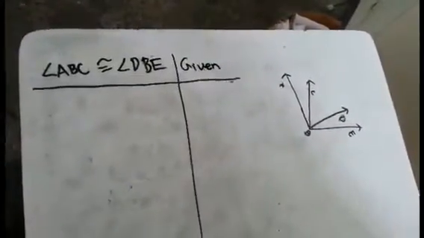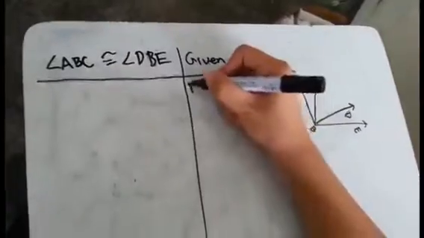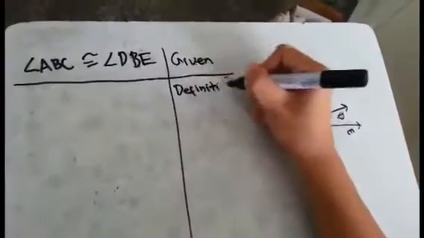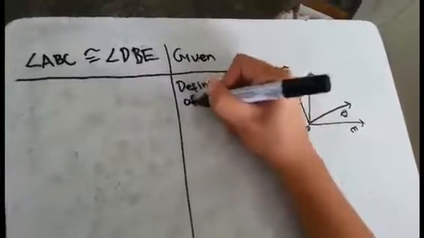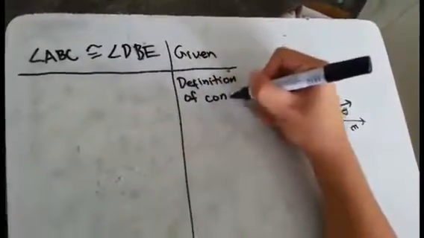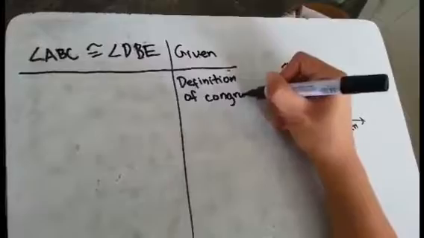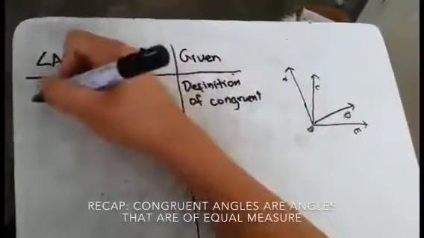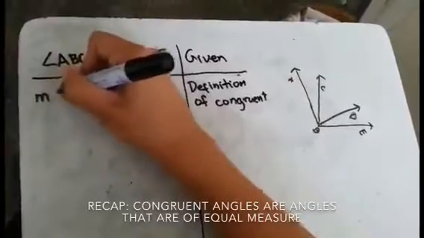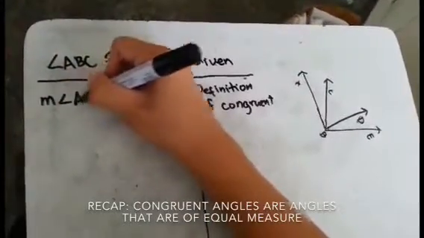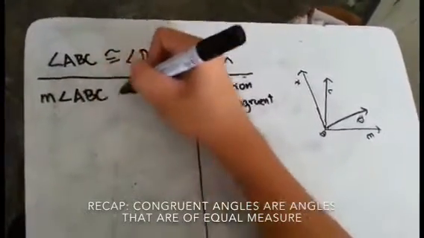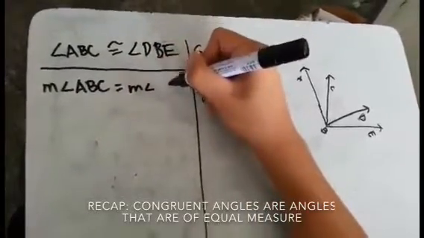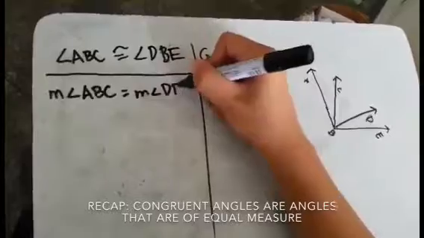Next, we can get the definition of congruent angles, which means that the measure of angle ABC is equal to the measure of angle DBE.